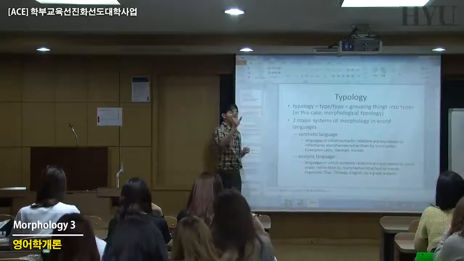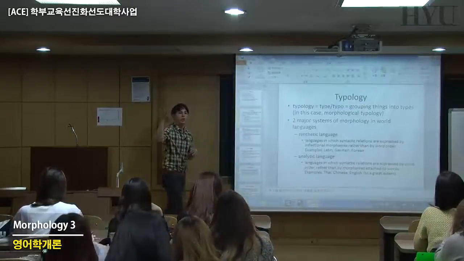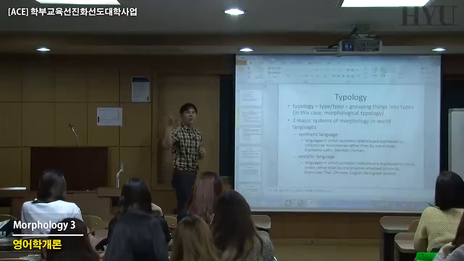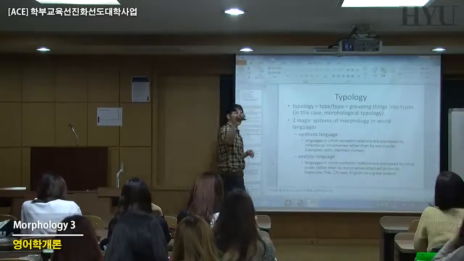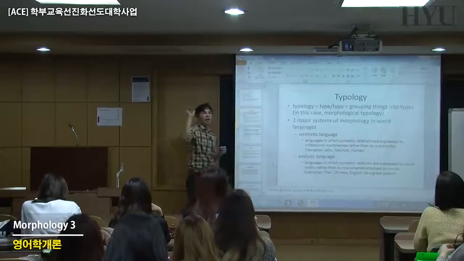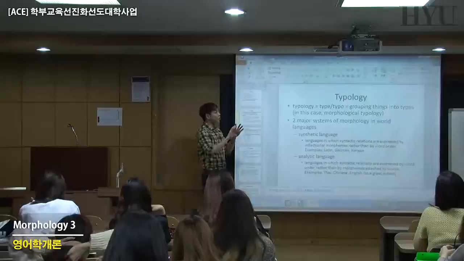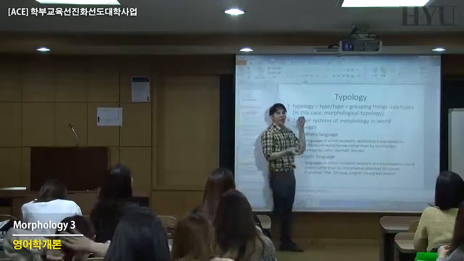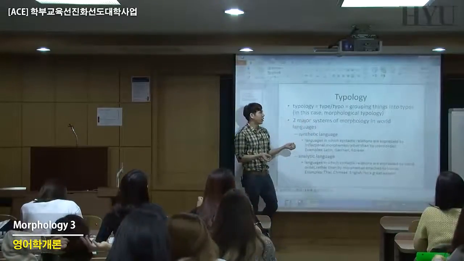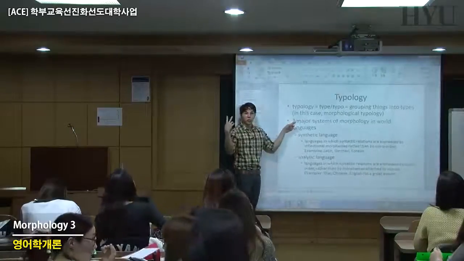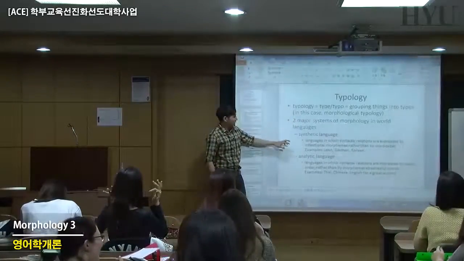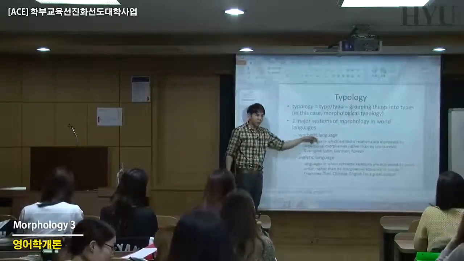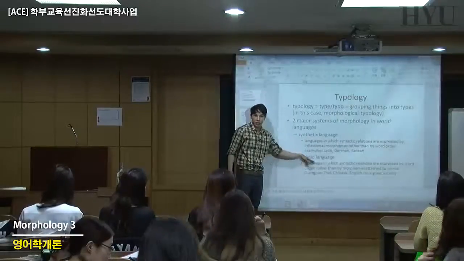So if you group world languages, there are about 5,000 to 7,000 languages in the world. If you group them by their morphological system, you have two major groups of world languages. You have the synthetic group and you have the analytic group.